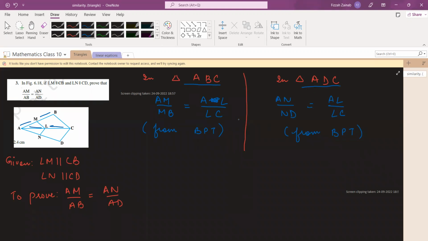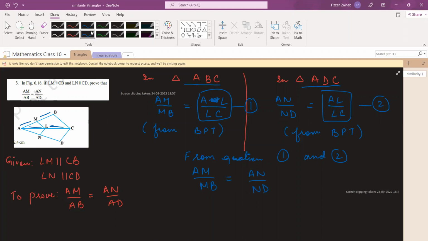So you can see the right hand side is same. If this is your equation number 1 and this is your equation number 2, this is also AL upon LC, this is also AL upon LC. So from equation 1 and 2, if RHS is same, that means LHS is same. So AM upon MB is equal to AN upon ND.